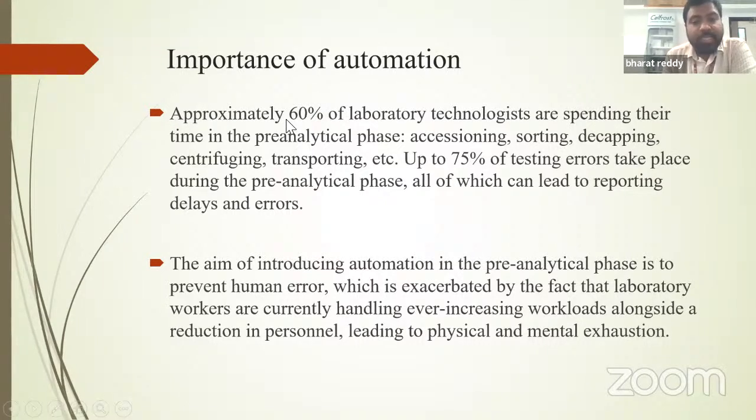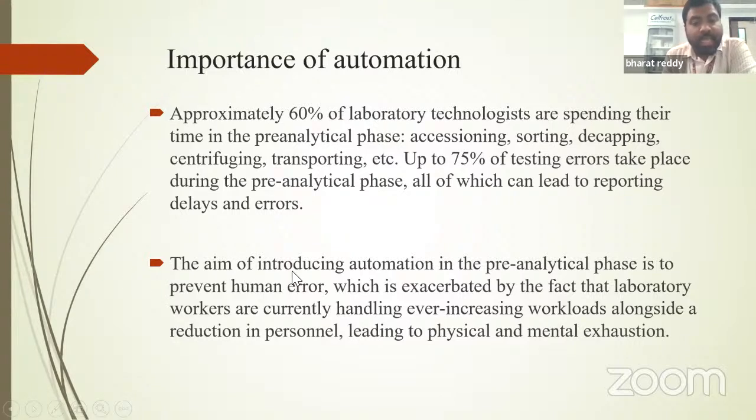You can see approximately 60% of the laboratory technologists are spending their time in the pre-analytical phase, that is assessing, sorting, decapping, centrifugation, transporting, etc. Up to 75% of the testing errors take place during the pre-analytical phase, all of which can lead to reporting delay and errors. So we are more concentrating on pre-analytical errors. Why? Because most of the technologists spend their time in the pre-analytical phase.